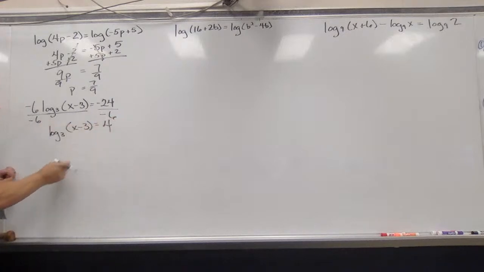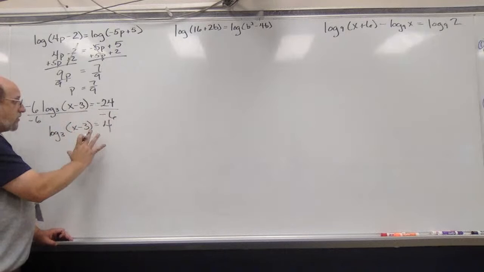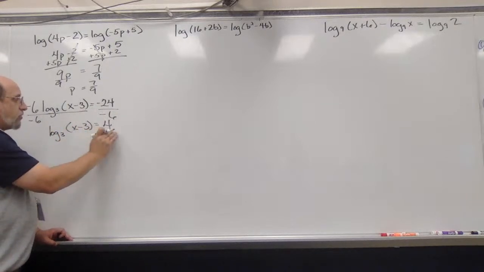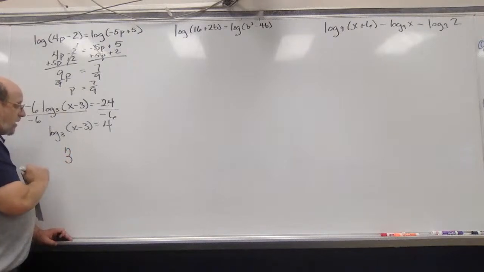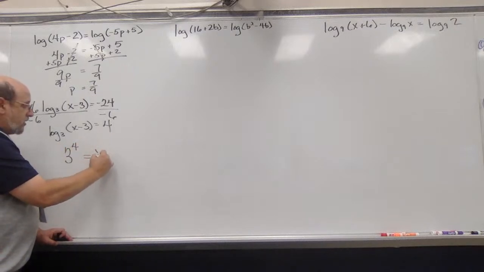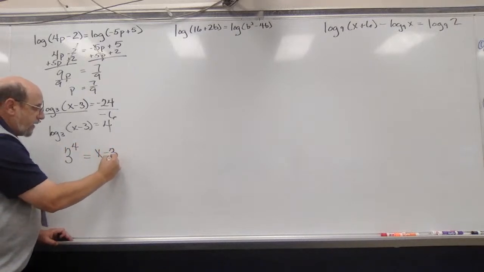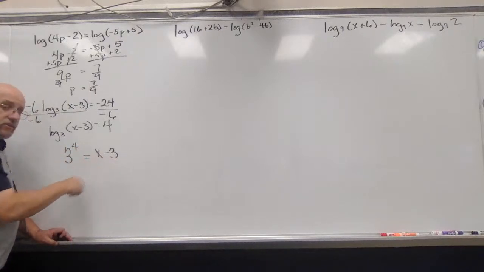Now I have a logarithmic equation. Now I can convert this by switching places with the 4 and the x minus 3, giving me an exponential equation where this is my power and this is my argument. Now 3 to the 4th is equal to x minus 3.